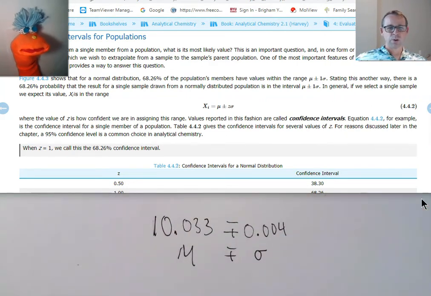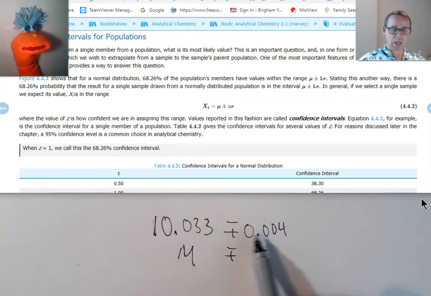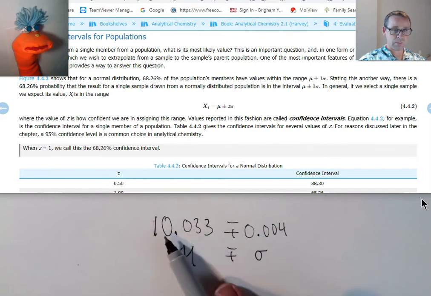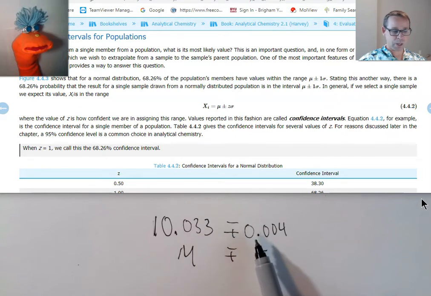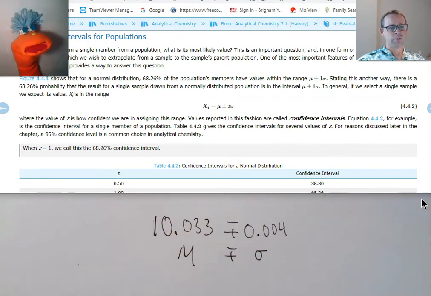How confident are you that all the measurements in the population will be encompassed by this statement? One standard deviation? That's right, that's one standard deviation. So that's 68.26%. Very good.